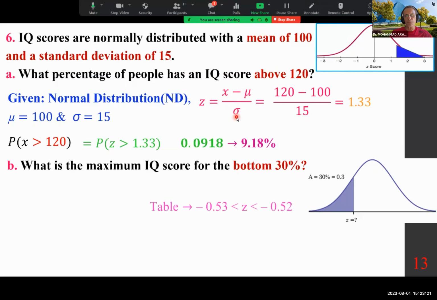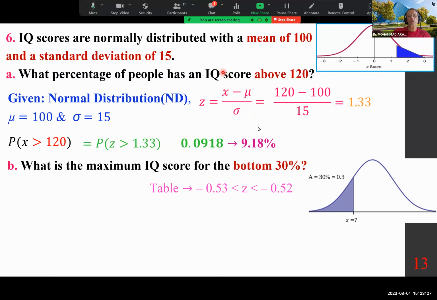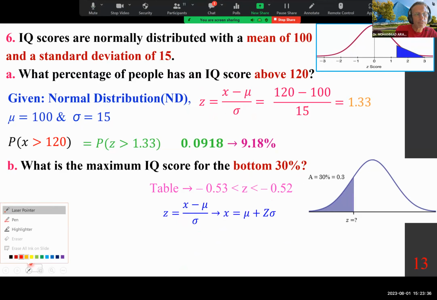So from the table, we have somewhere between these two numbers. And here's the Z score, which means if I do the cross product, I get X minus mu is Z sigma.